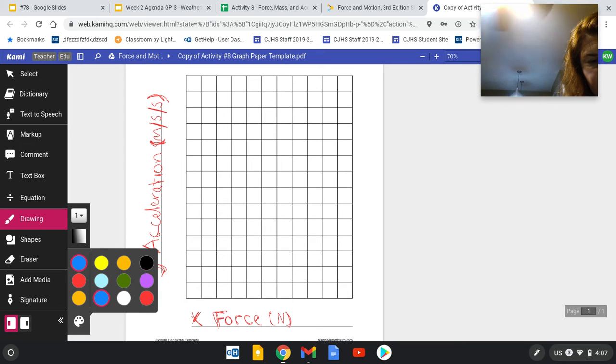Okay, and I'm going to label my numbers here. So this would be 2. This is 4 newtons. This is 6, 8, 10, 12, 14, 16, 18, and 20.